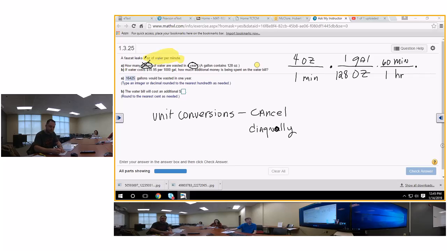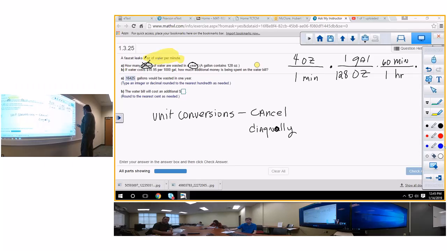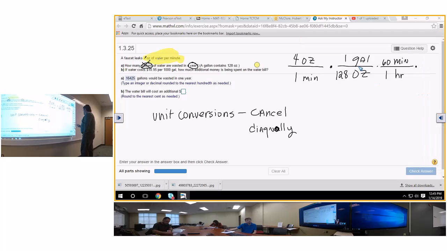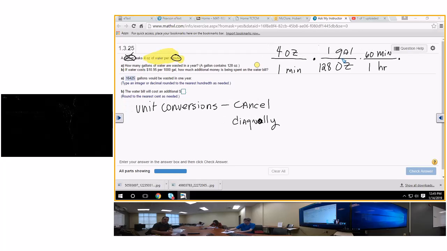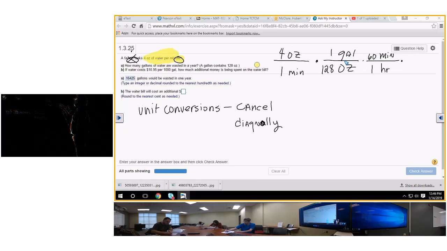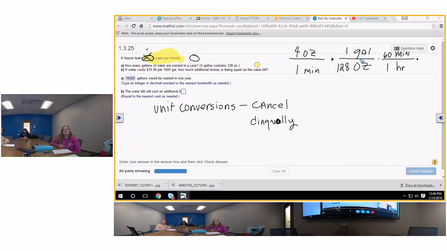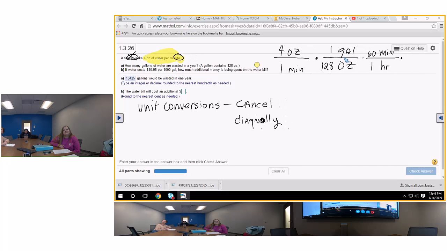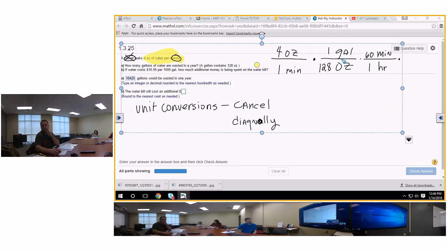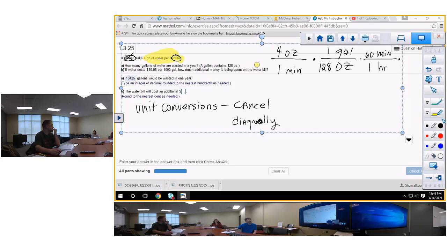And I need to move this, which is going to cause all kinds of problems. Okay, so what goes on the bottom now?